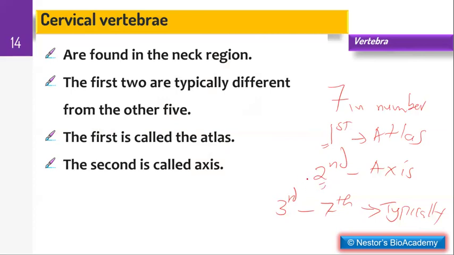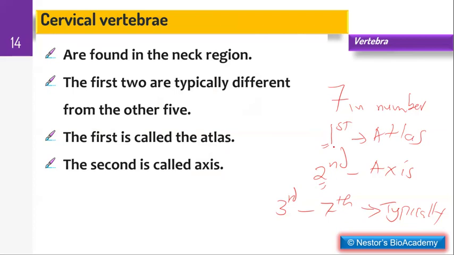The axis is also different from the other 6. So it's important for us to understand their anatomical differences. What are the adaptations of these bones? If we ask in what region you find them, you can simply say we find them in the neck region or the cervical region.